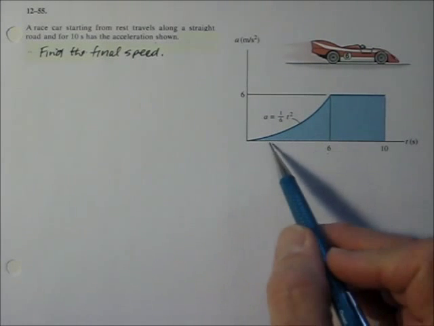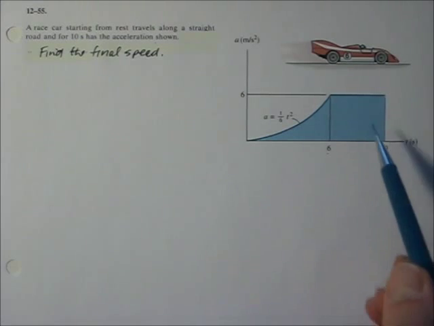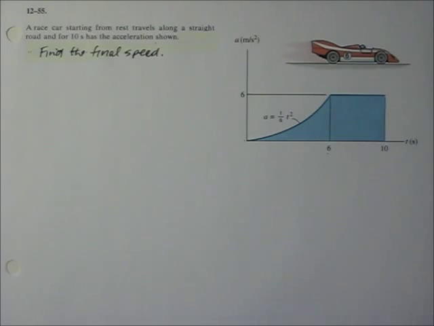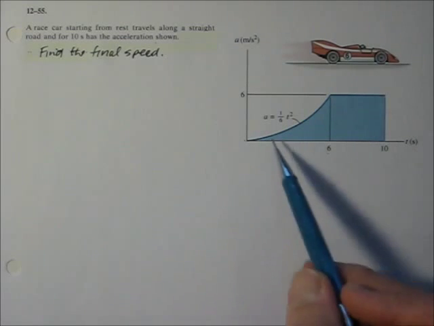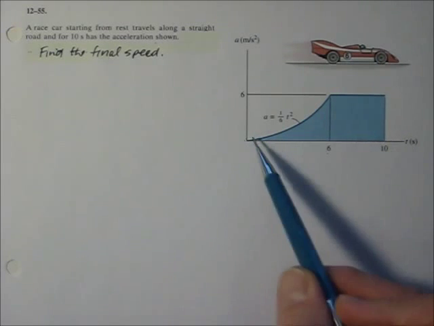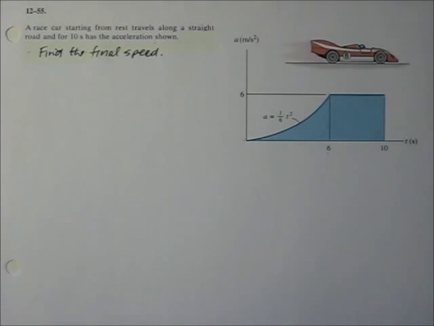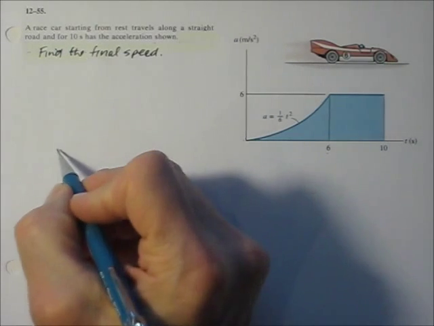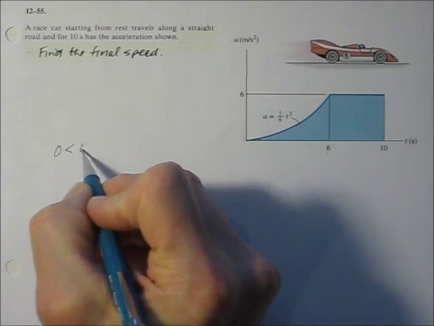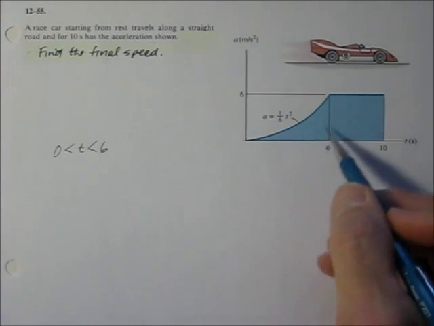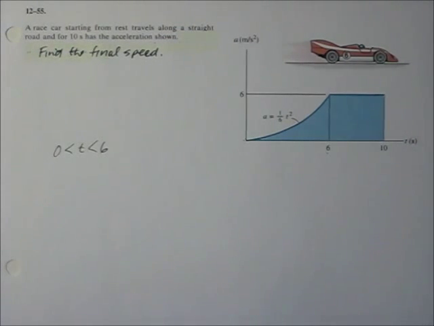All right, so from here, we can see that this is erratic motion because there's not one equation that fully describes the motion between 0 and 10 seconds. We have something that describes it between 0 and 6, and then something else that describes it between 6 and 10. So we'll have to break this up into two pieces, and let's say between time 0 and 6, we're going to find out what the area under that curve is, and that'll be the change in velocity for that.